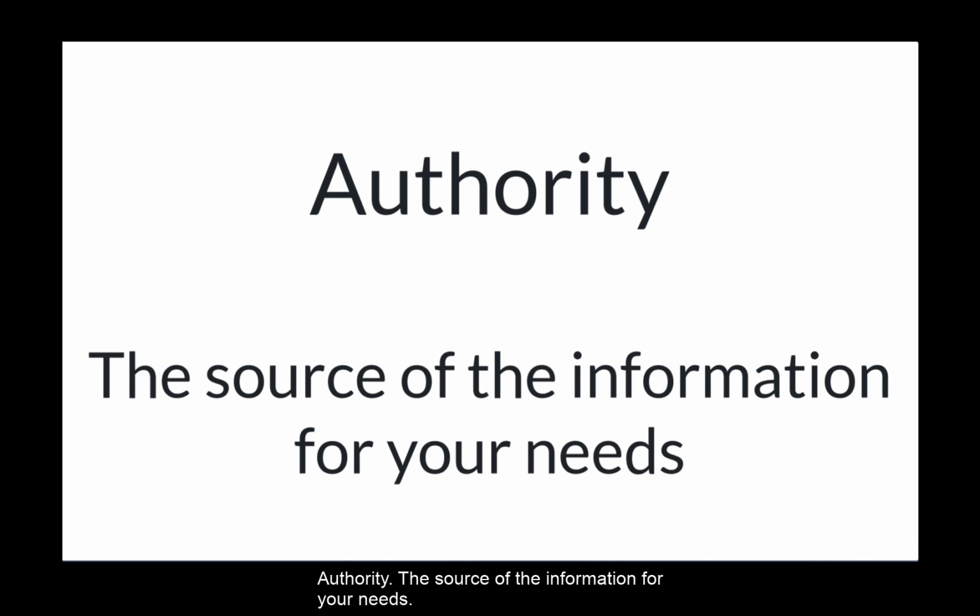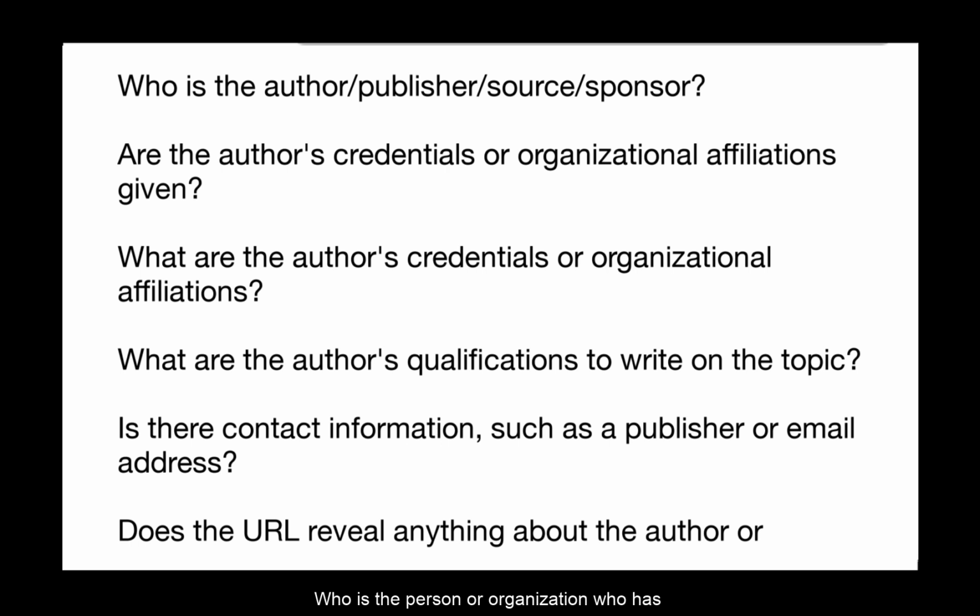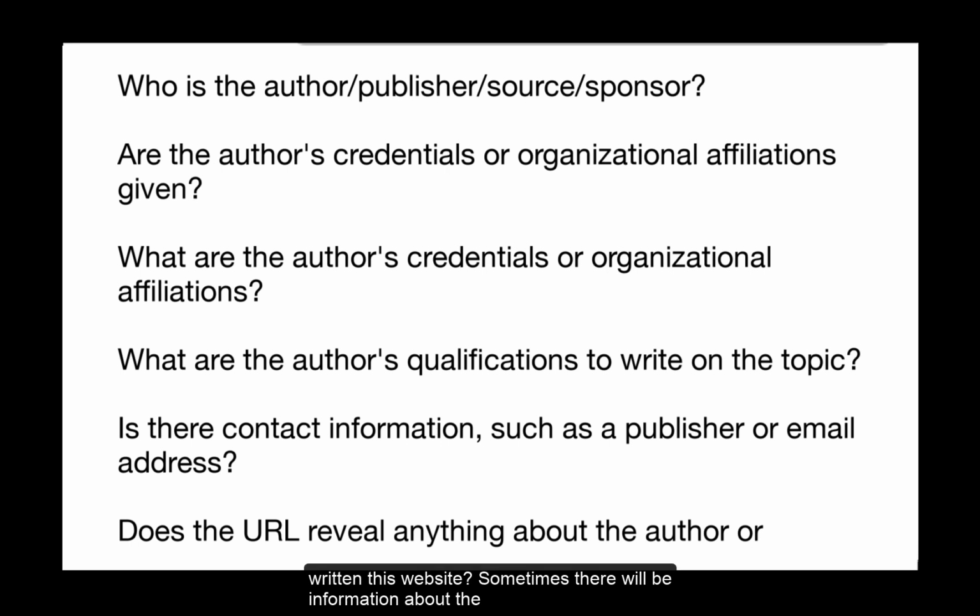Authority. The source of the information for your needs. Who is the person or organization who has written this website? Sometimes there will be information about the author on the site. It may tell you who they are and why they are an authority on something. It might list their credentials, as well as things they have written and other professional contributions they have made.